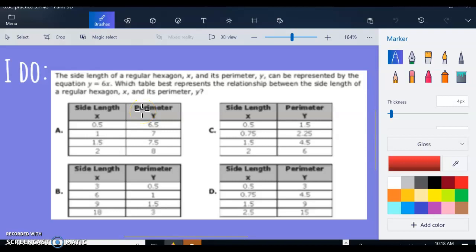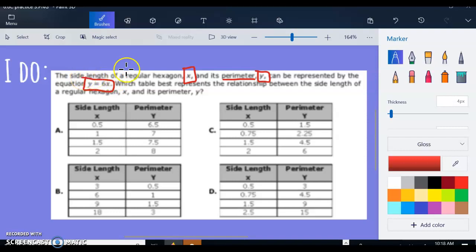The question reads: the side length of a regular hexagon, x, so we know it represents our first variable x, and its perimeter y can be represented by the equation given, y equals 6x.